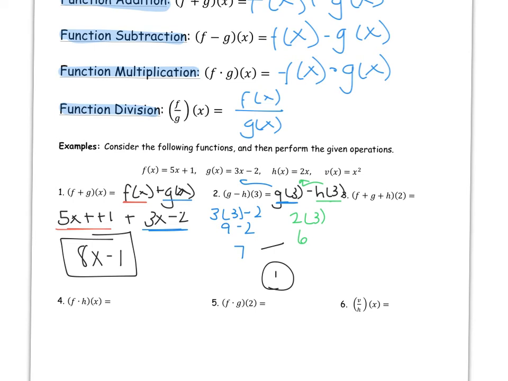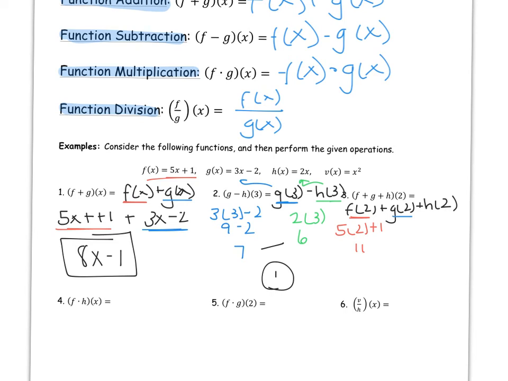All right, let's do the next one. So here I have f of 2 plus g of 2 plus h of 2. So I've got to plug each of these in. So I'm going to plug 2 into f. So 5 times 2 plus 1. Hopefully you're okay with me skipping to 11.